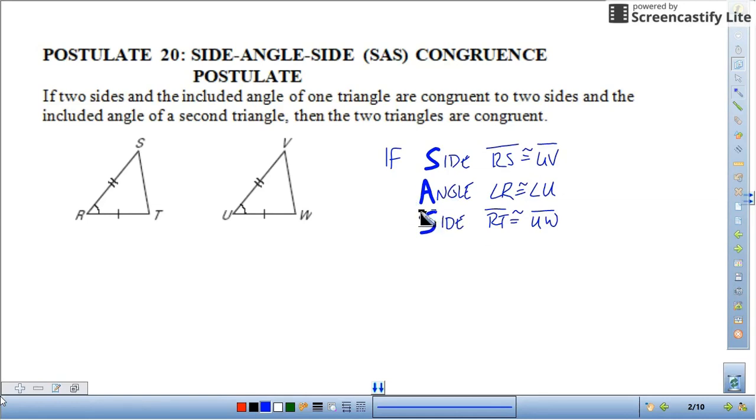If those are all congruent, then we know that the triangles must be congruent.